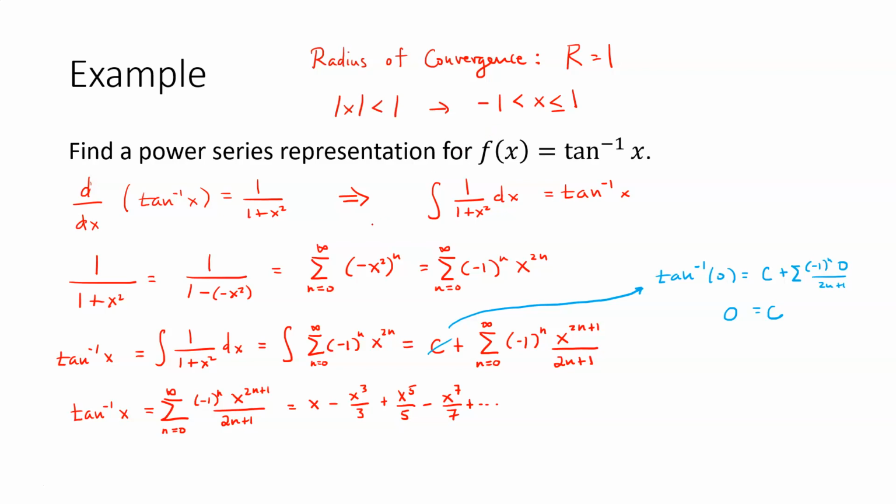And if I were to also test x equals negative 1, we can also verify that at negative 1. We can work it out. So I would have negative 1 to the n, and then negative 1 to the 2n plus 1 over 2n plus 1. And so when I multiply these two factors, we would get negative 1 to the 3n plus 1.